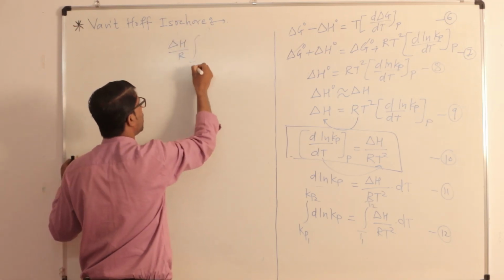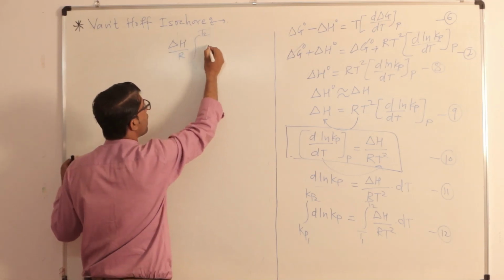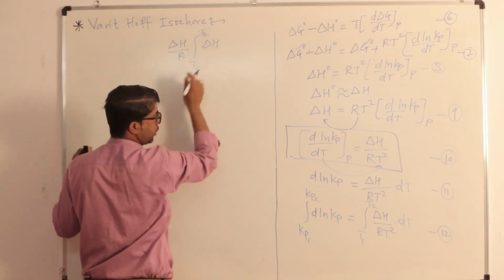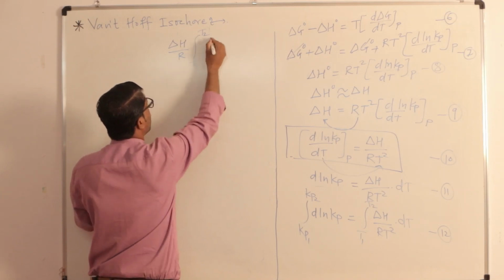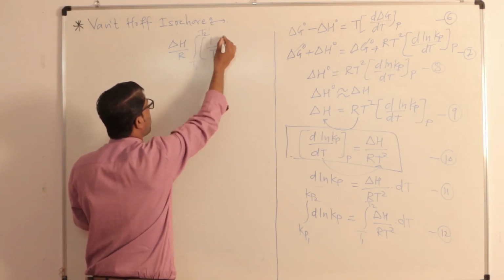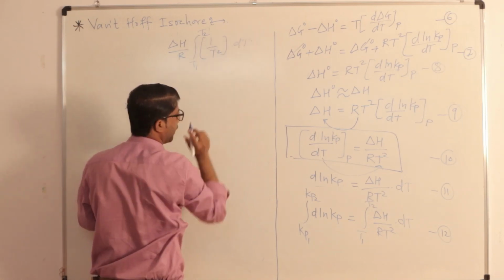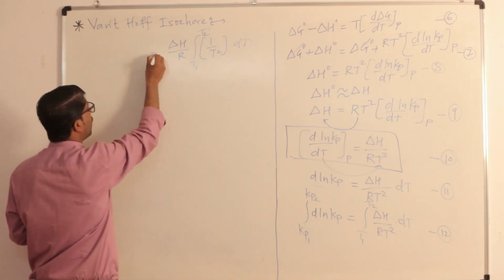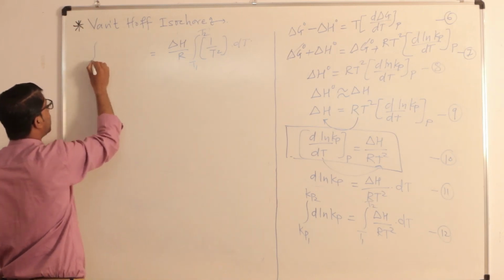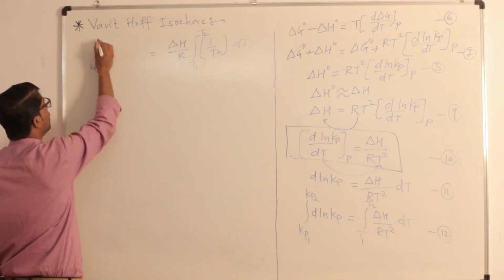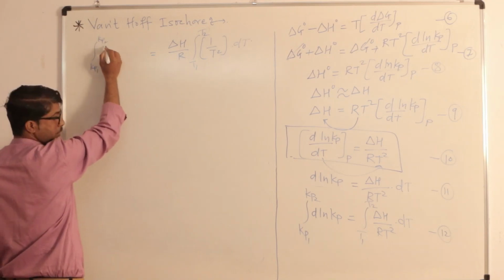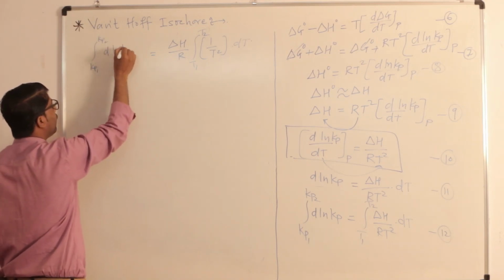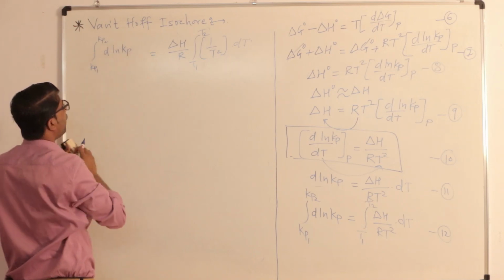Integration of T1 to T2 of 1 upon T square dt. On this side, this term remains as it is, integration of d ln Kp from Kp1 to Kp2.